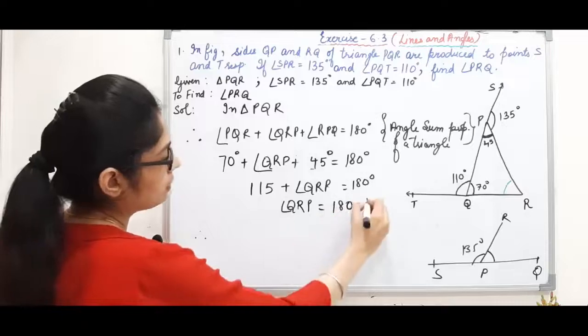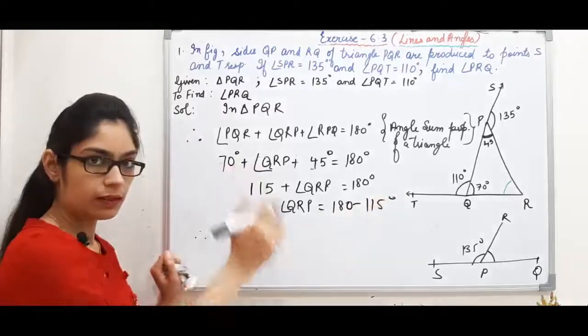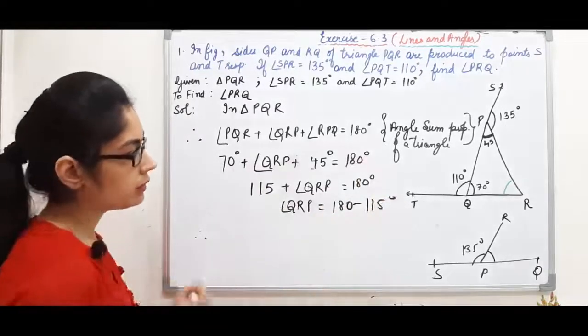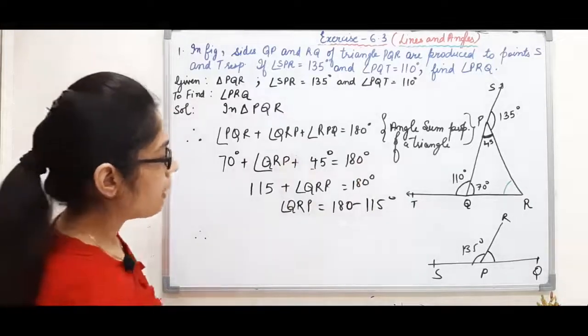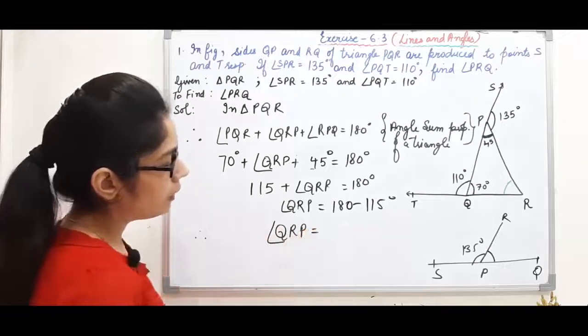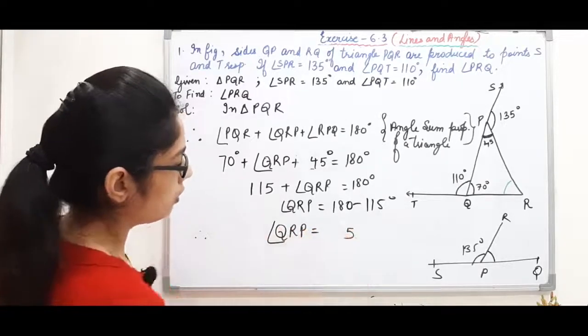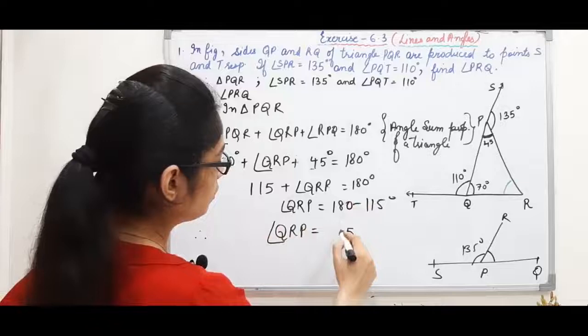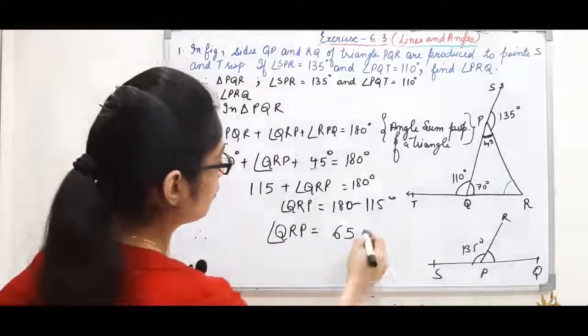So 180 minus 115, because 115 on shifting to the other side will be changed to minus 115. So angle QRP, it is equal to, we can do the subtraction now. So it is equal to 65 degrees.